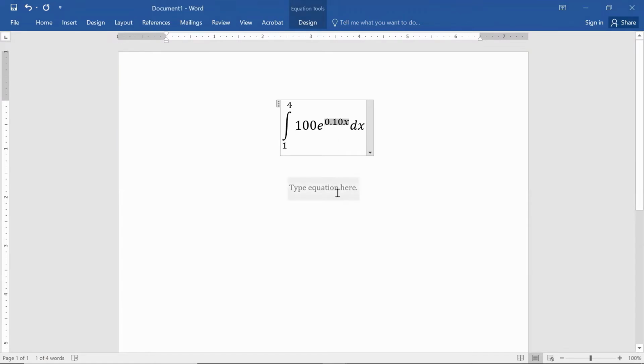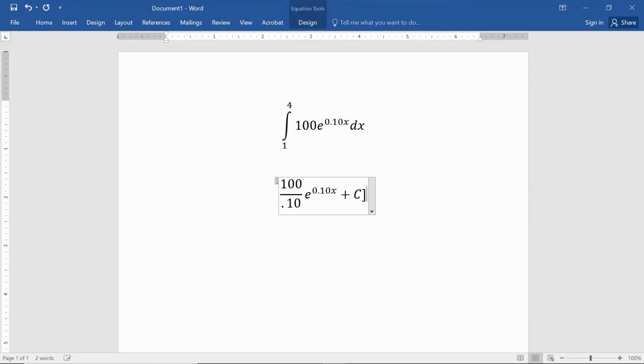linear exponent. I could, if I wanted to, do this problem by taking 100 divided by 0.10 e to the 0.10x plus c.